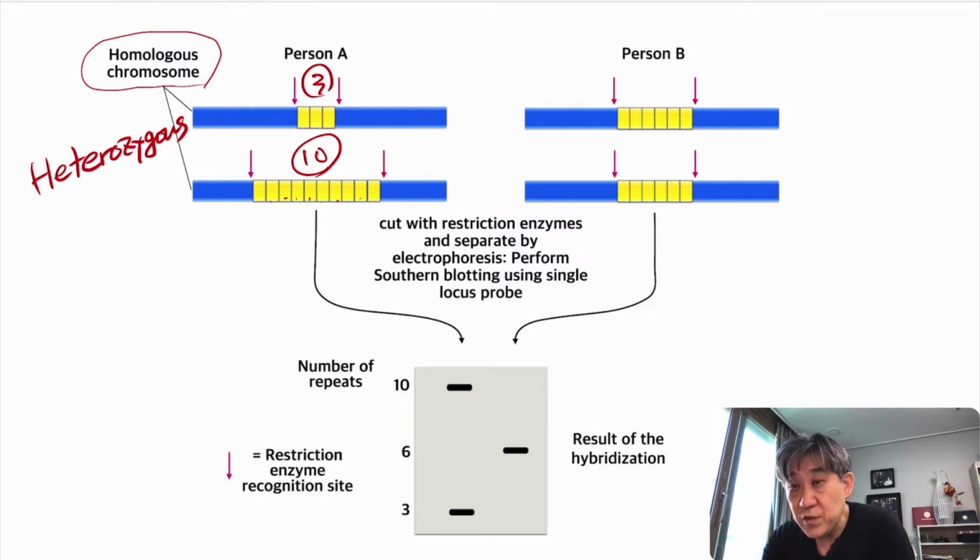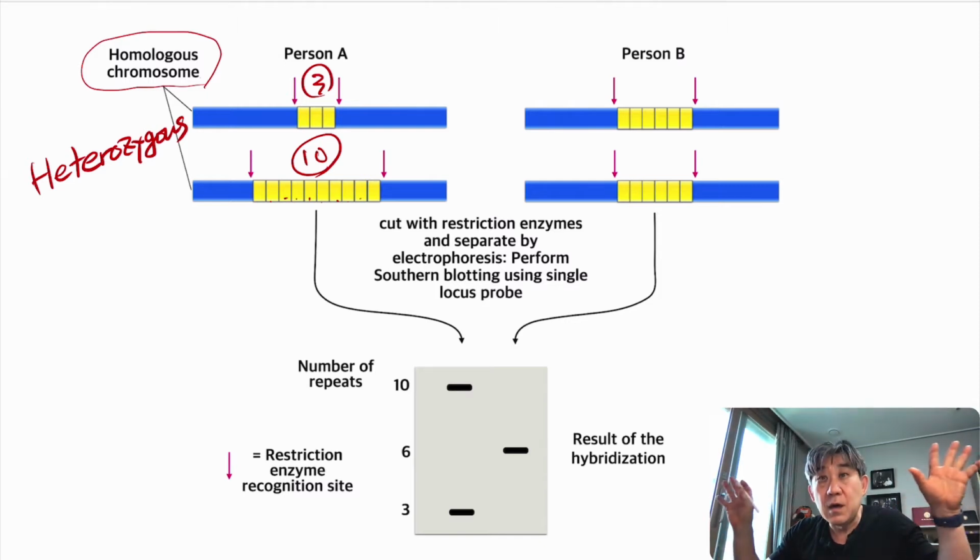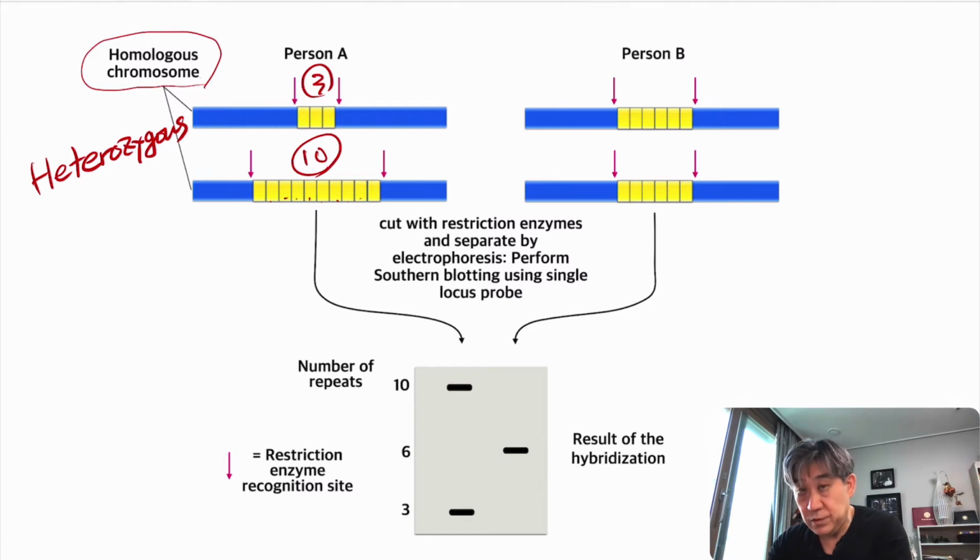There is no reason why they would be the same, because different individuals will have different repeat numbers, and your mother and father were two different independent humans. So there's no reason to expect that they would have exactly the same number of repeats in any given region of the chromosome loci.